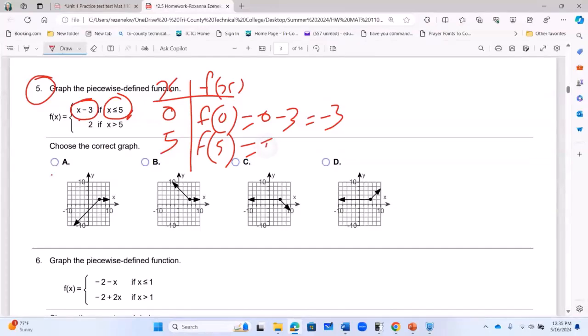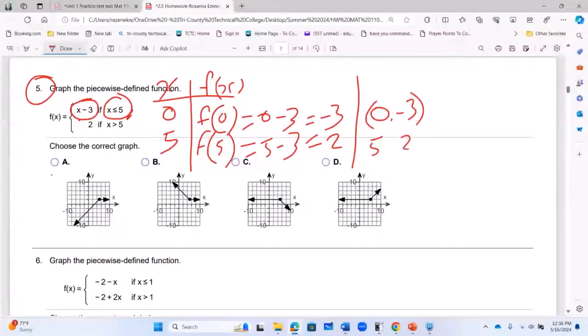So I have 5 minus 3 gives me 2. So I'm ready to graph the first piece. The first point is going to be 0, negative 3. The second point will be 5, 2.